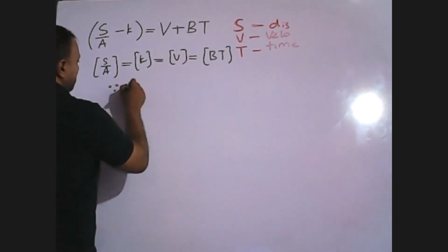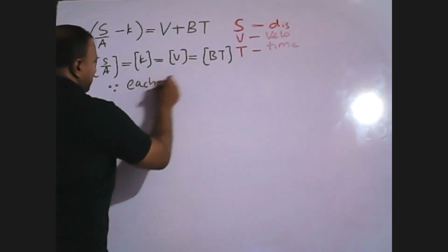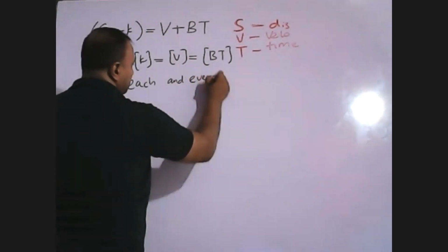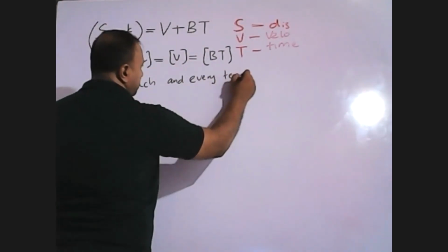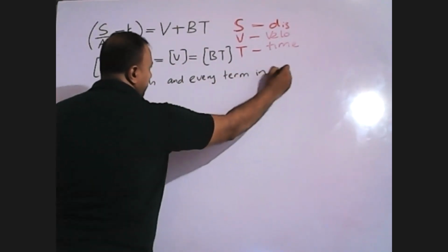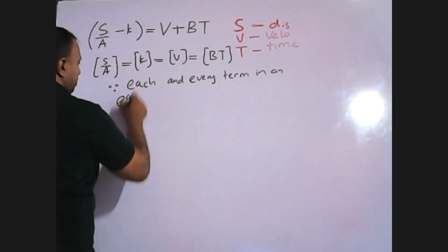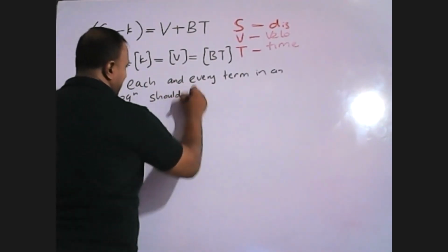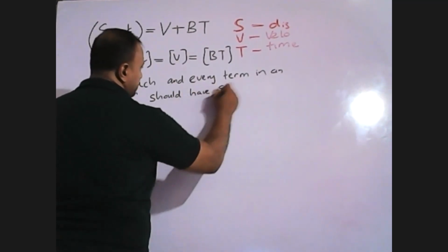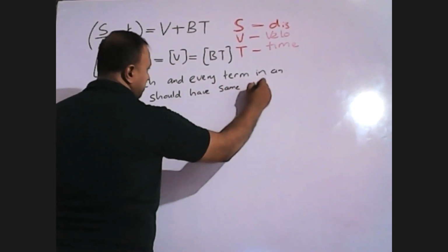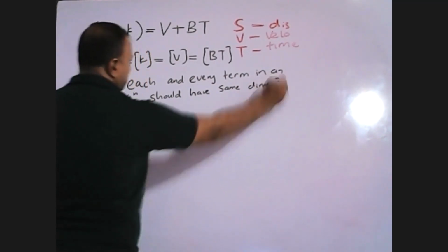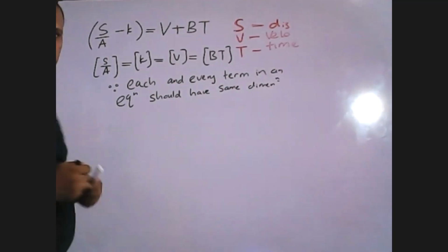Because each and every term in an equation should have the same dimension.